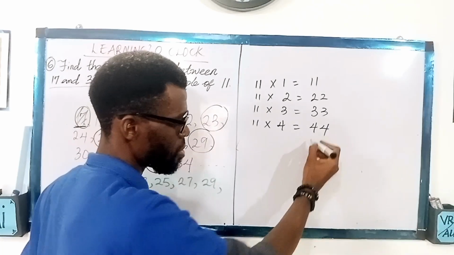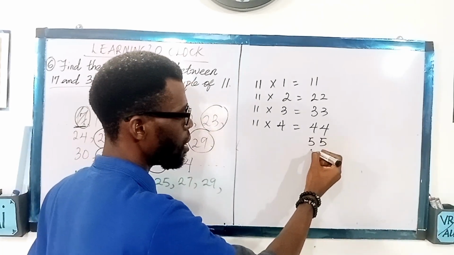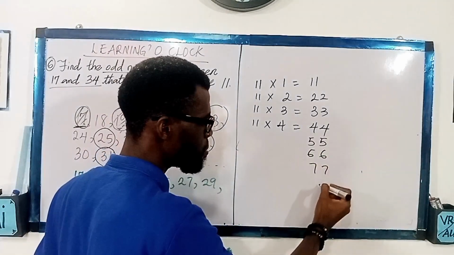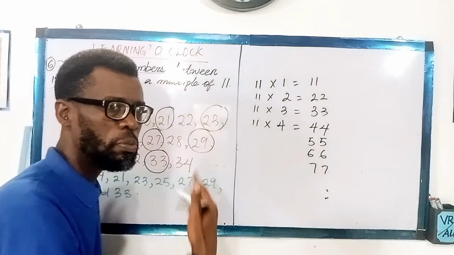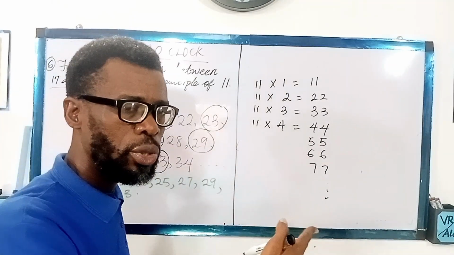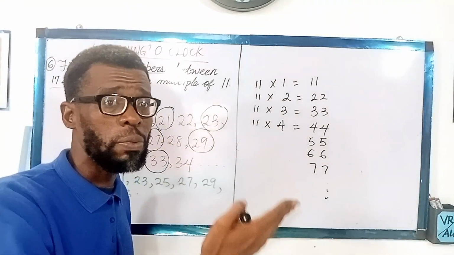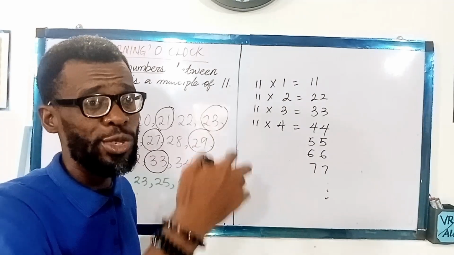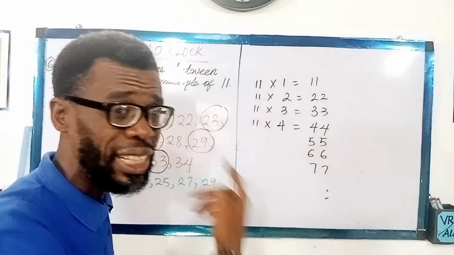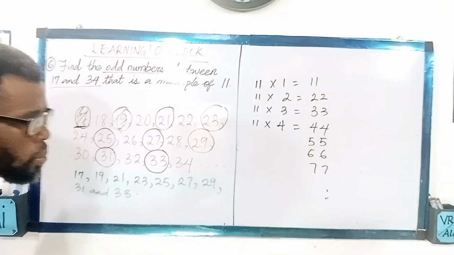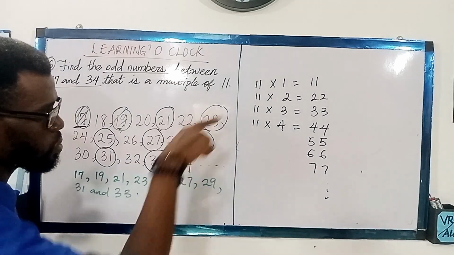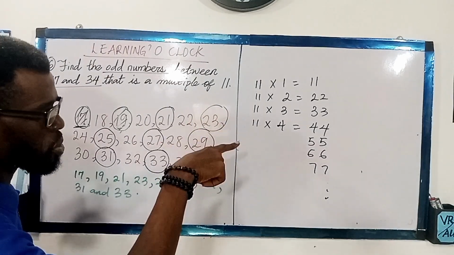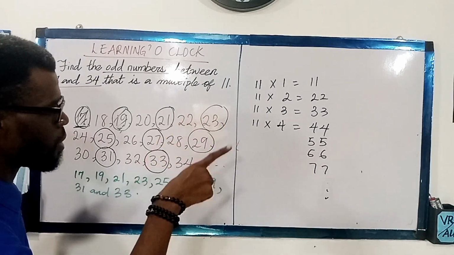You see, you get it? Then 55, 66, 77, and so on. As you keep multiplying by 1, by 2, you're finding the multiples of a number. Multiply the number by 1, by 2, and you get all the multiples down to infinity. So 11, 22, 33, 44, 55, and on.